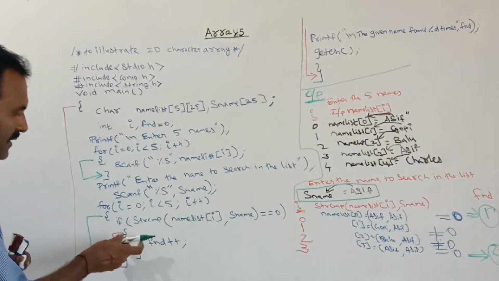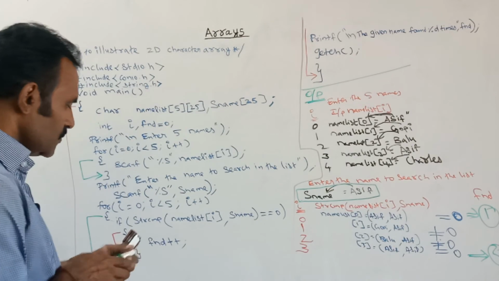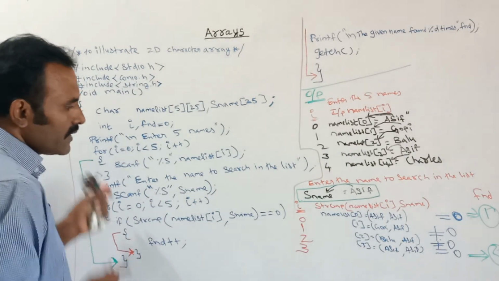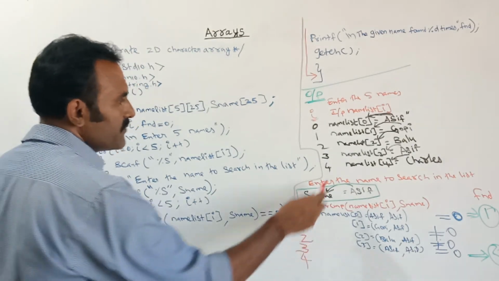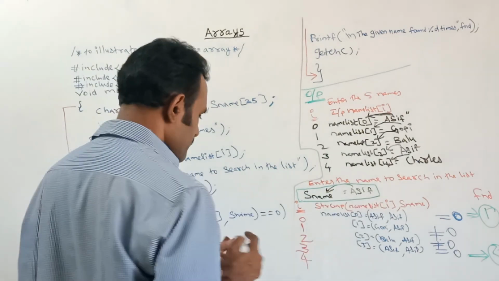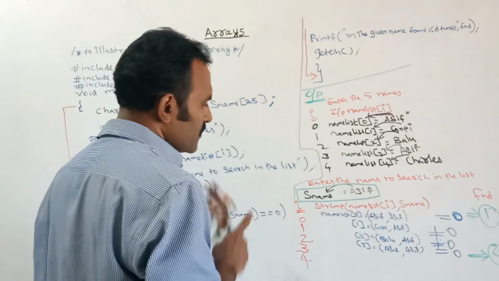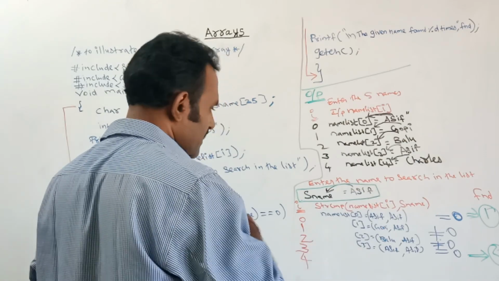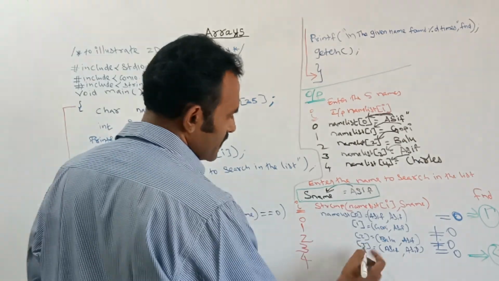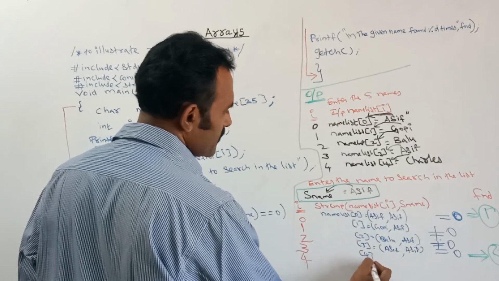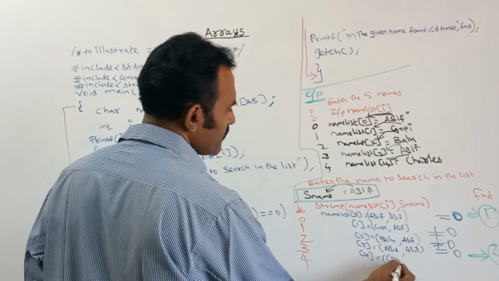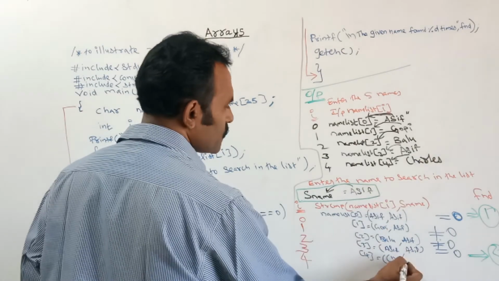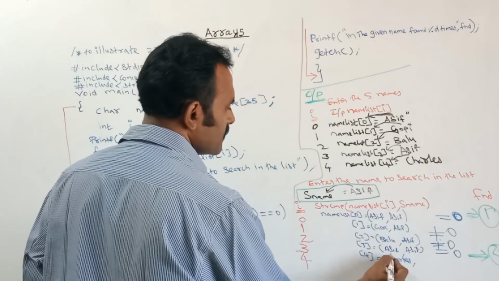After that the i value is incremented to 4. Next at the fourth position, it checks whether the fourth position of name list and the given sname are equal or not. This is also not equal, because at the fourth position I have stored Charles.